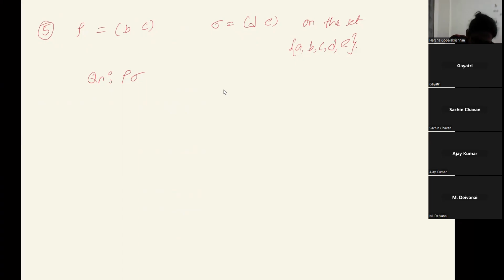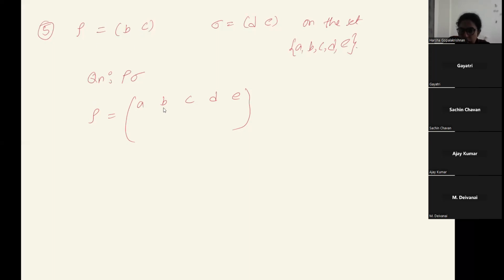So first let me write rho as A, B, C, D, E. So what is the image of A under rho? Rho is given as the cycle (B C).